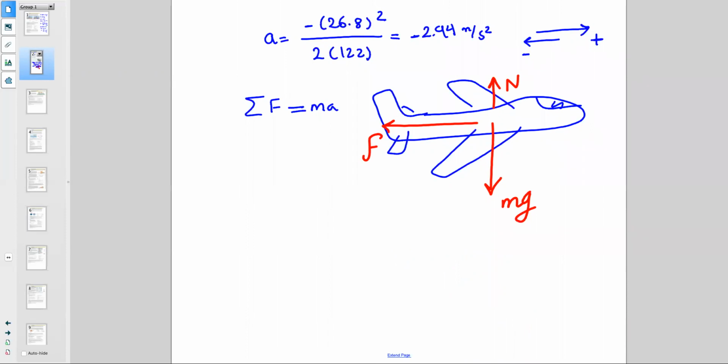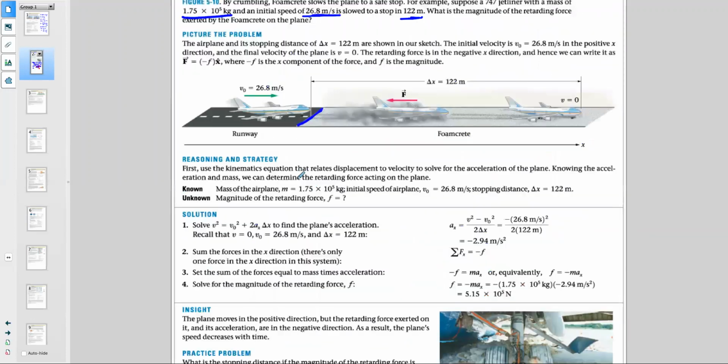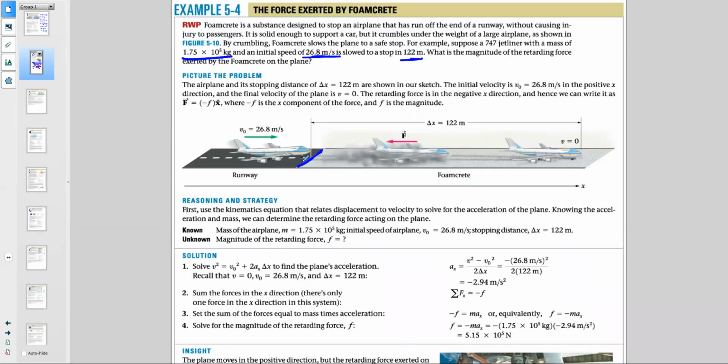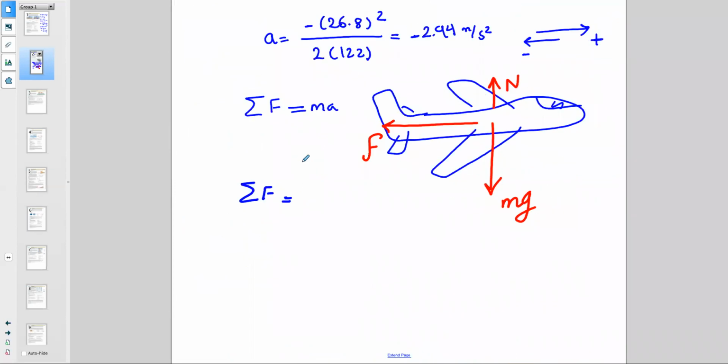So sigma F, whatever it is, is equal to m, which is 1.75 times 10 to the 5 kilogram, times a, which is negative 2.94, okay?